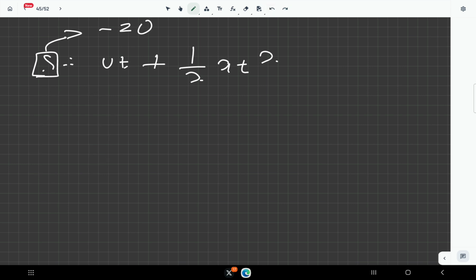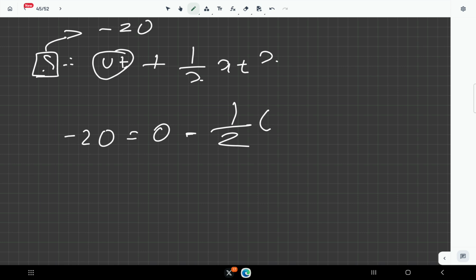As the ball is at rest, u is 0, minus half of the acceleration, which is 10, and the total time taken. We don't know the time, so that's what we are going to find out first.